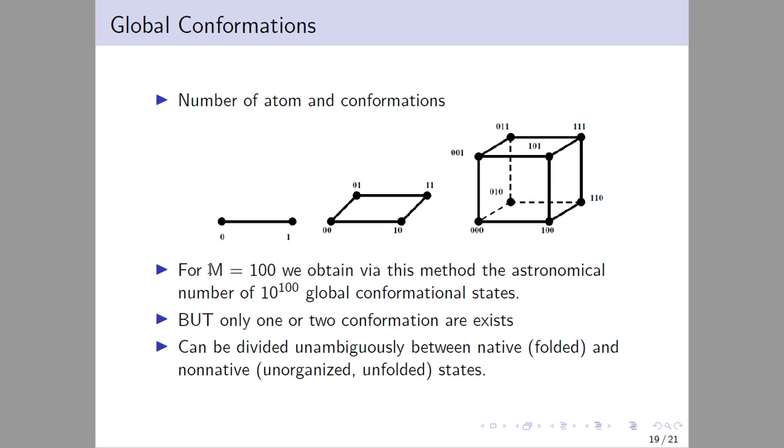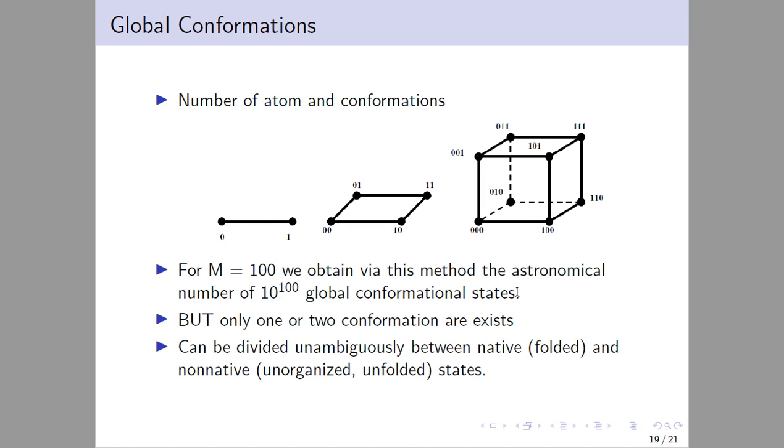For m, 2 to the power of m, or 10 to the power of m, global 100. We obtain via this method the numerical number of 10 to the power of 100 global conformational states.